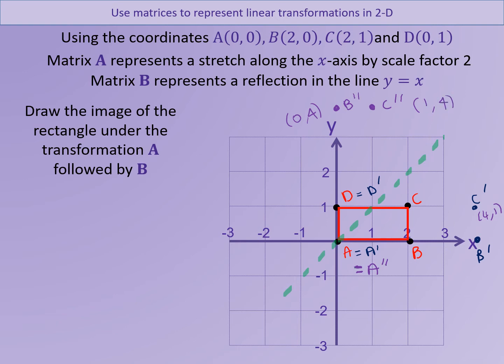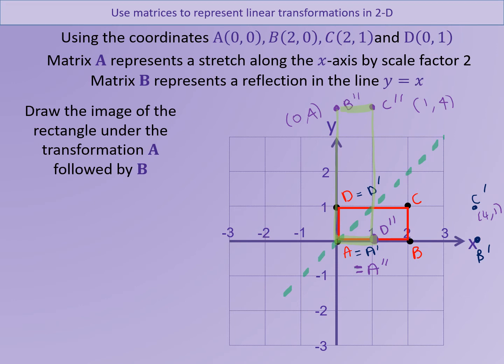And then D will go from its position on the y-axis to this position here on the x-axis, and this is D double prime. So if we sketch this in, under both of those transformations, A followed by B, we have this rectangle.